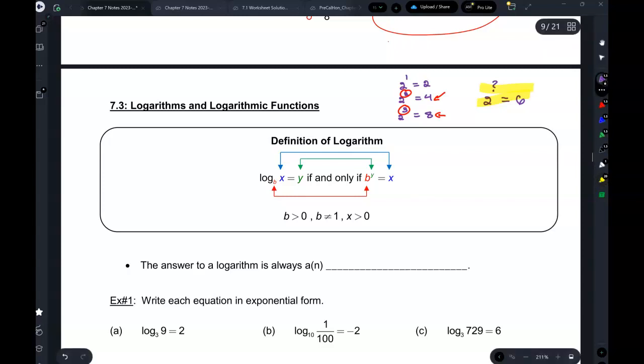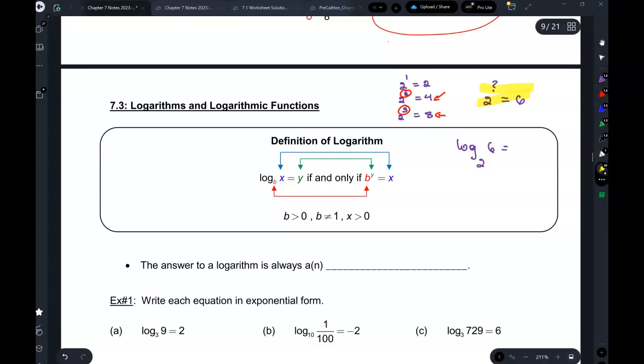And if I was walking down the street and on a billboard I saw this, log base 2 of 6, I would say, oh my God, somebody is looking for the exponent of 2 that would give you a 6, right?